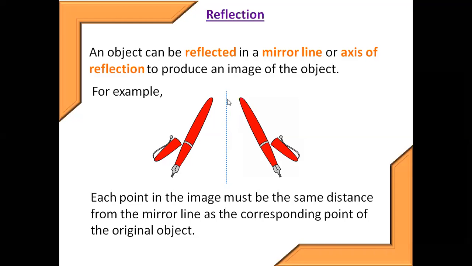And the distance from here to here is the same as on the other side of the mirror line. The distance from the point of the pencil here to the mirror line should be the same as the distance on the other side.